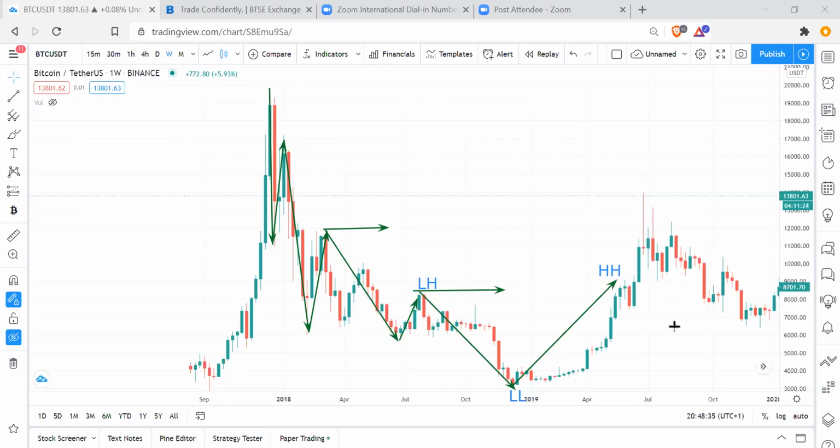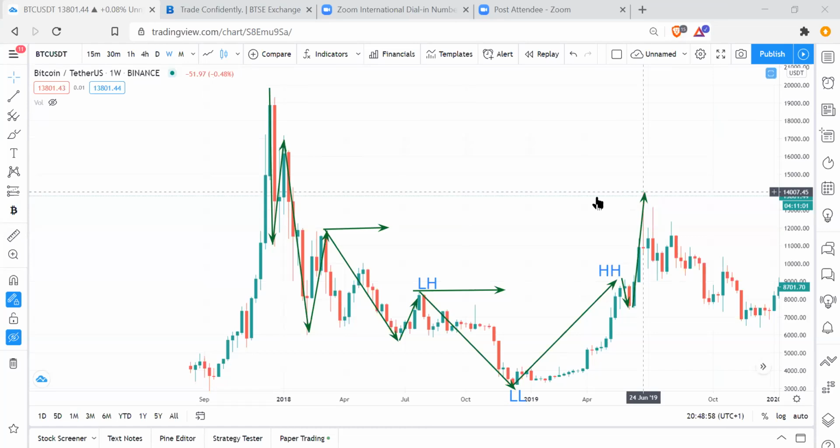And then what happened next? We had a higher low. And after this higher low, what did we have next? We had something that broke this previous high. So we had a higher high.